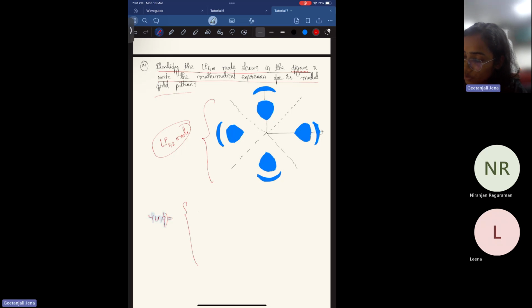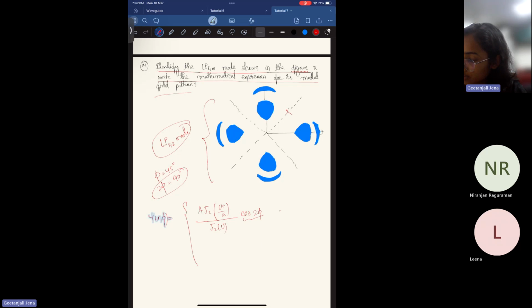So for the core, we have A J2 (U R by A) by J2(U) cos L phi, because the field is 0 at 45-degree angle, right? So phi 45, that means 2 phi is 90. So at 90 degree, the field vanishes, which is the case for the cos function.